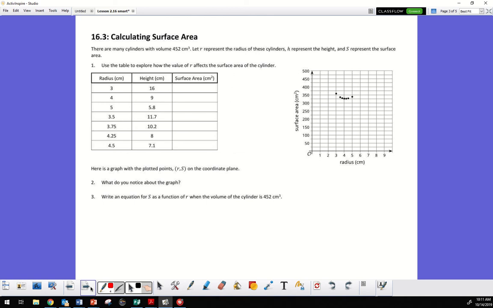So we need the formula for surface area, so that one's actually going to be interesting. So surface area is supposed to be just the side length. I hope it's just the side length.